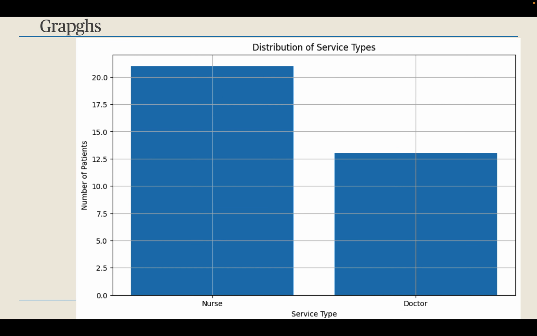Here are the graphs. The first graph is the distribution of service types, which represents a stacked bar chart of doctor and nurse over time intervals. It illustrates the number of patients served by each service during specific time intervals.